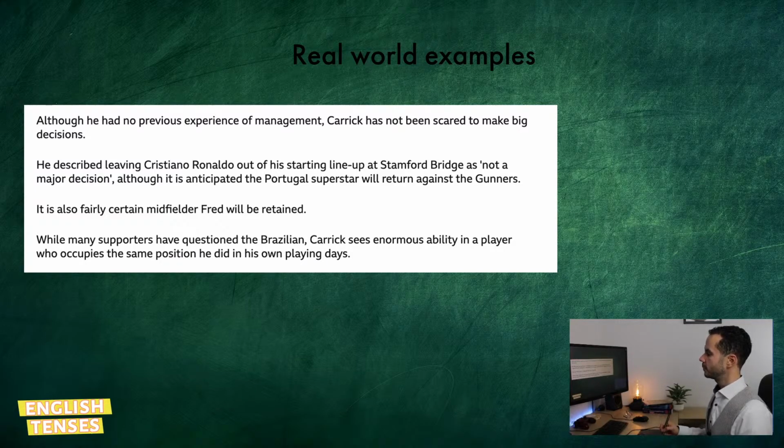Here's another example. This one is from the BBC and it's on Manchester United. Although he had no previous experience of management, Carrick has not been scared to make big decisions. He described leaving Cristiano Ronaldo out of his starting lineup at Stamford Bridge as not a major decision, although it is anticipated the Portugal superstar will return against the Gunners, which are Arsenal.